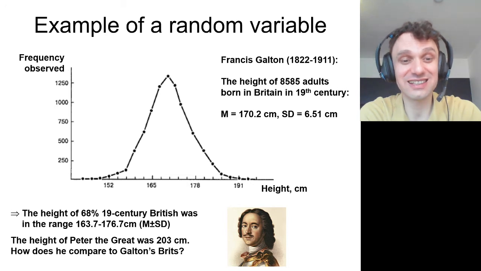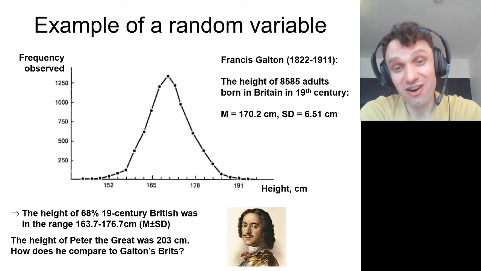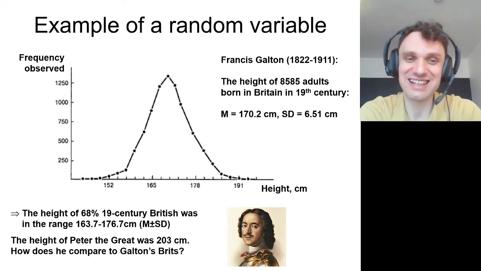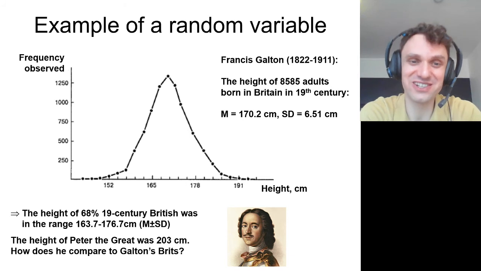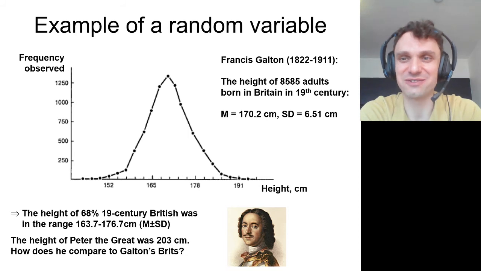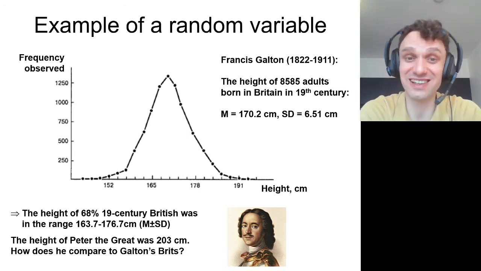We can actually ask a question: how does he compare to Galton's Brits? Obviously, it would be better to compare him to 18th century Russians, but unfortunately we don't have data for that period because the first systematic measurements of people's height were conducted in the Prussian army at the end of the 18th century, and the first really good data come from Francis Galton.